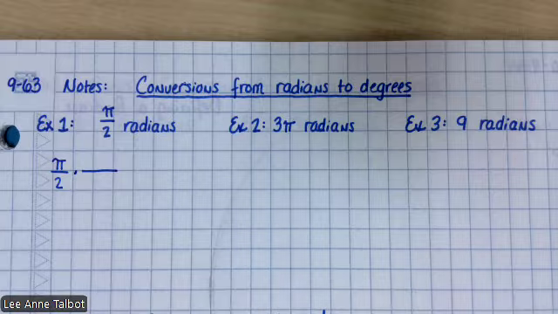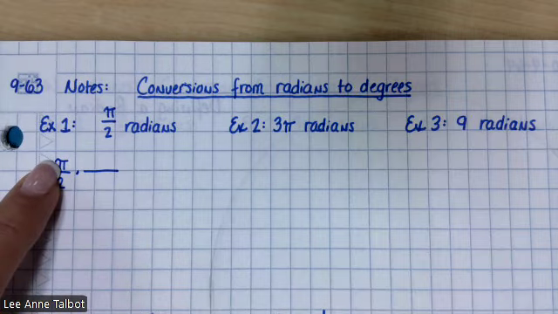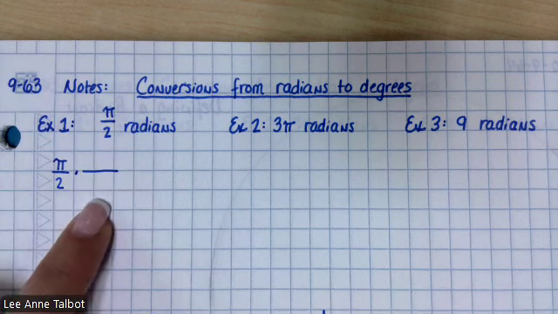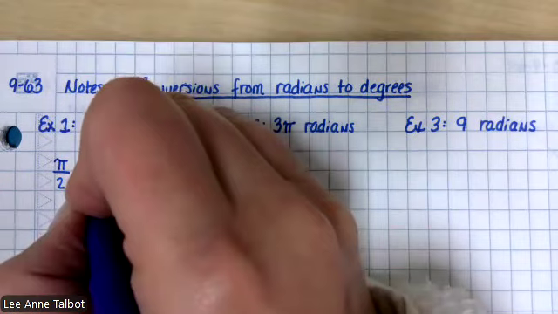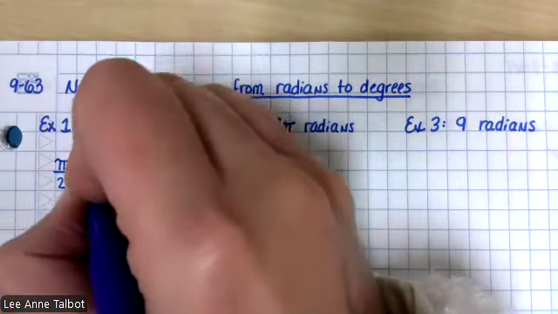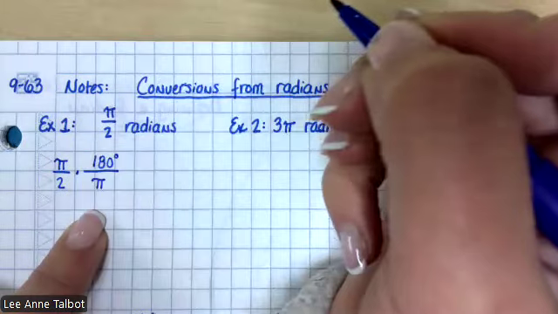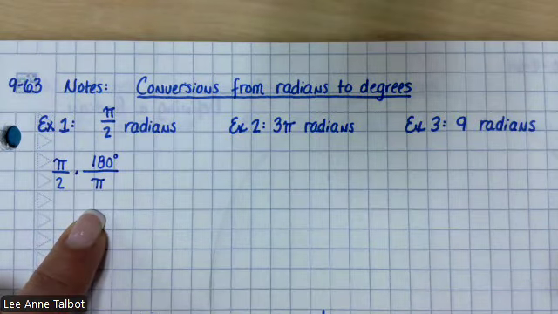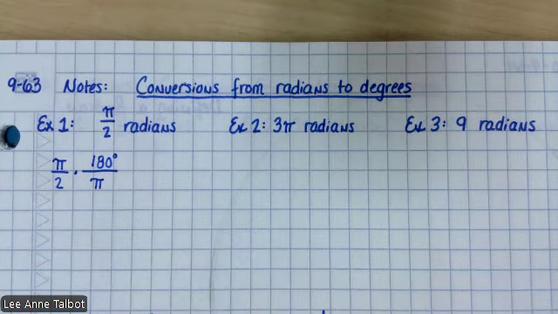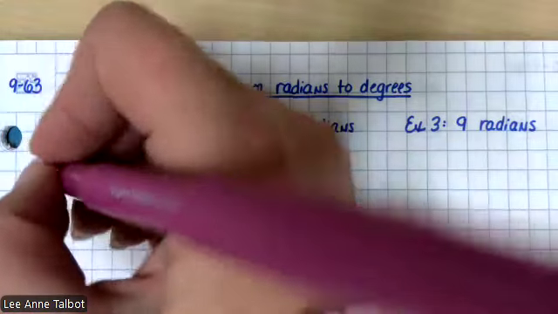Everybody okay with that? Okay, I have radians on the top. So should I put radians on the top or bottom? Bottom, okay. And I'm going to use the same conversion that I used before. Pi and 180. Okay, and the pi's cancel.